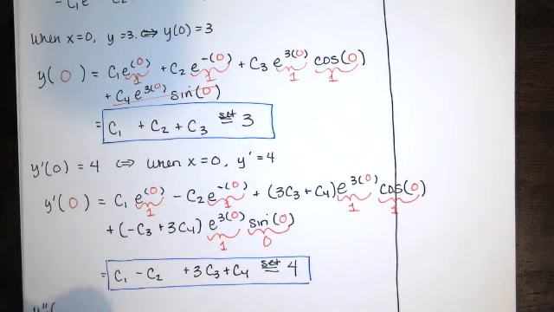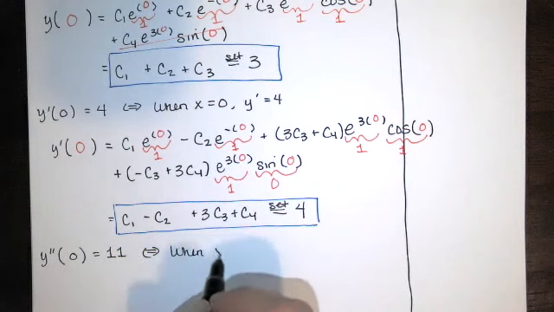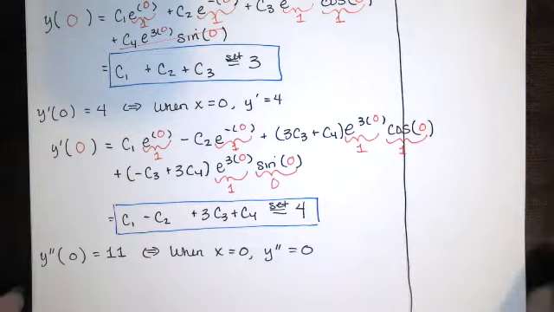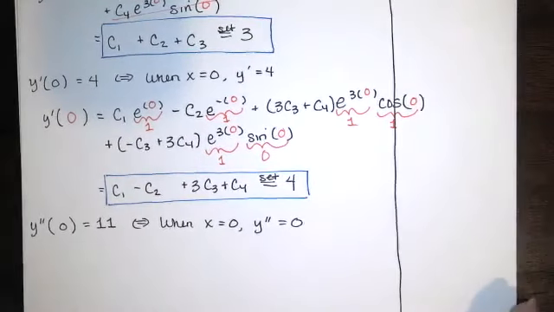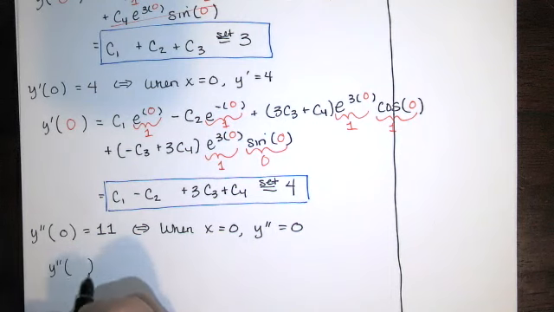We've got y double prime at 0. They told us that y double prime at 0 was 11, which just means that when x equals 0, y double prime is 11. So it's a little tedious. That's okay.